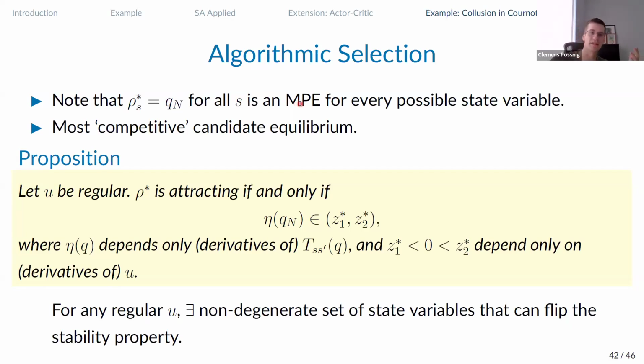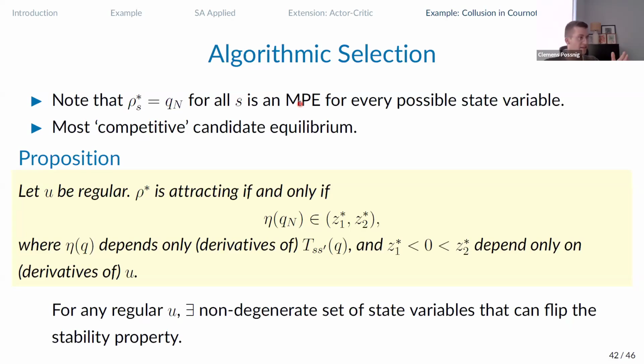And what I was interested in then is asking, under what kind of state variables is this most competitive outcome attracting? And it's true actually that it is not always attracting. The state variables are really essential here. Whatever somebody who writes down the algorithm thinks of as an important state variable, an important information set to condition on, is really essential in whether these algorithms can learn to collude or not.